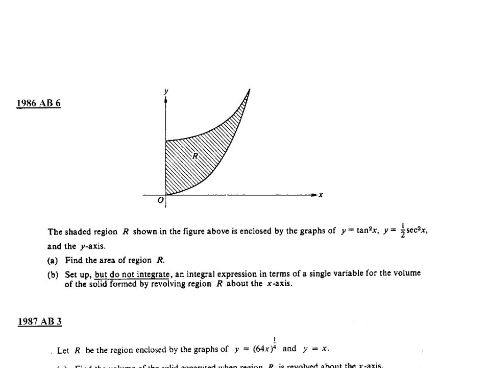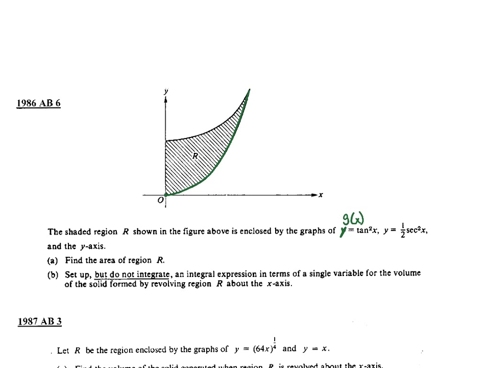All right, so first of all, we have the shaded region enclosed by y equals tangent squared and y equals 1/2 secant squared. If we plug in 0, tangent squared is 0, so this bottom one is the tangent squared. I'm going to call that g of x, since in a lot of our formulas the bottom one was g of x.